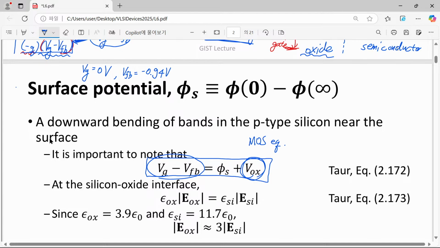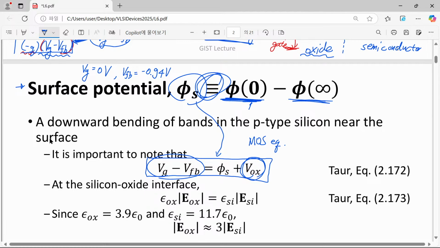The quantity is called the surface potential. Although its name is surface potential, it is not exactly the potential at the surface point. Instead, it is defined as the difference between the deep substrate and the surface. So exactly this quantity corresponds to the band bending inside our semiconductor region.